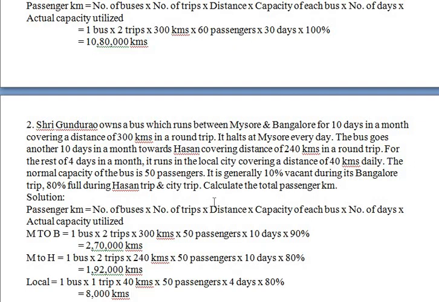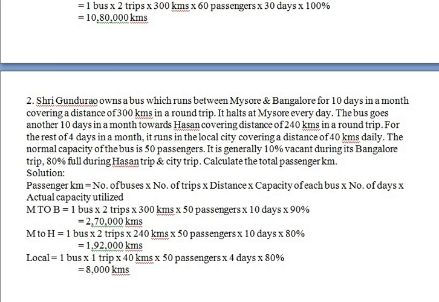Okay. Now what they have asked us: calculate total passenger kilometer. We need to calculate total passenger kilometer. Okay. Now calculation of total passenger kilometer.